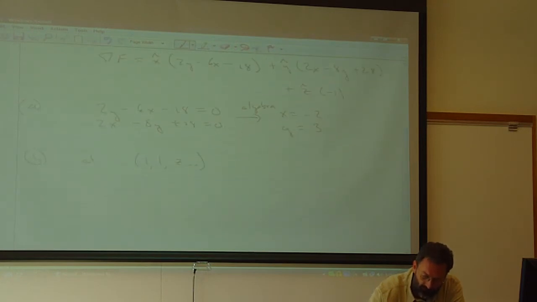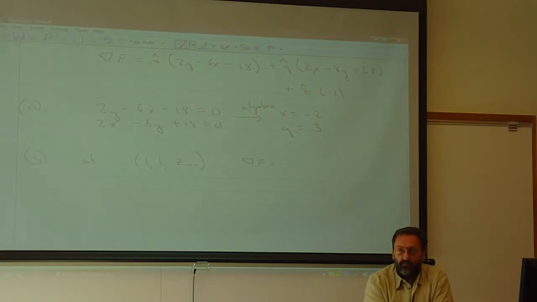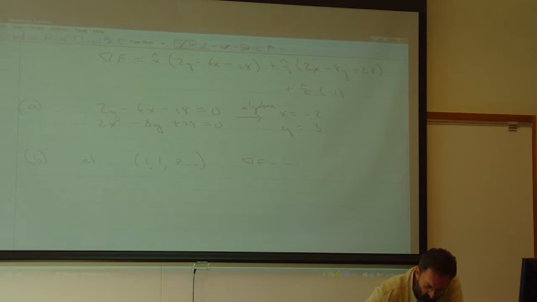So at 1, 1, the gradient of f is, let's see, 2 minus 6 minus 18 is negative 22. And 2 minus 8 plus 28 is 18? Is that right? Come on, that's not right. 22.